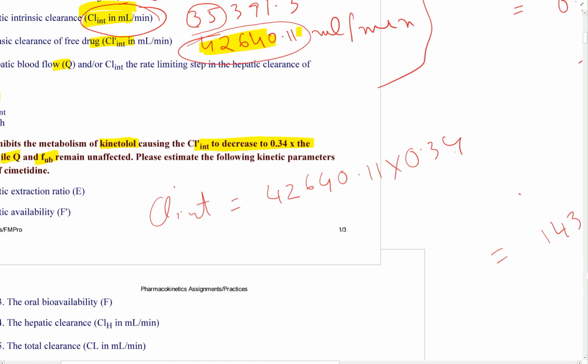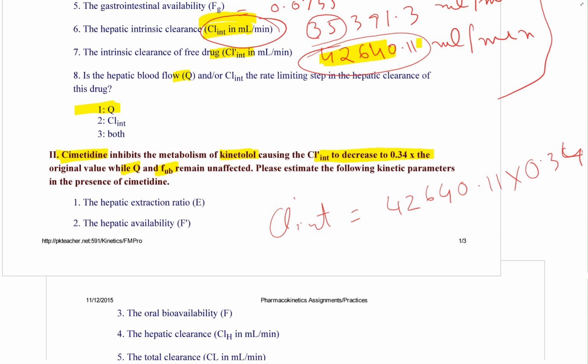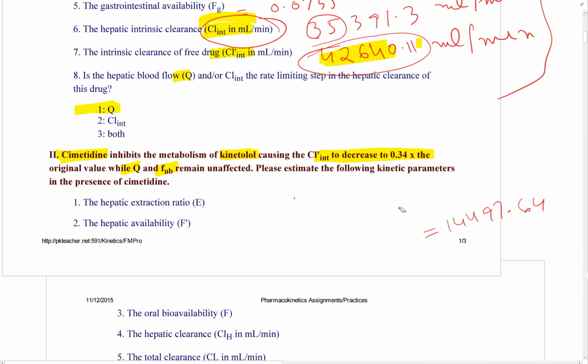So it just decreased by this many fold. So here your new CLINT prime would be 14497.64.